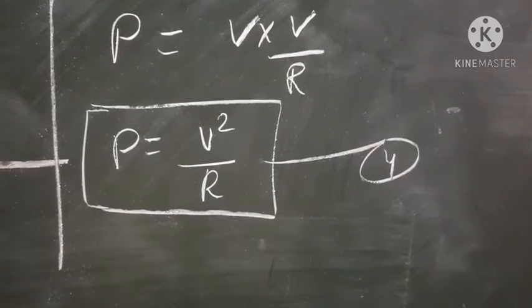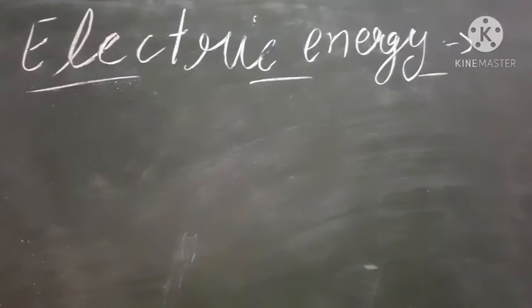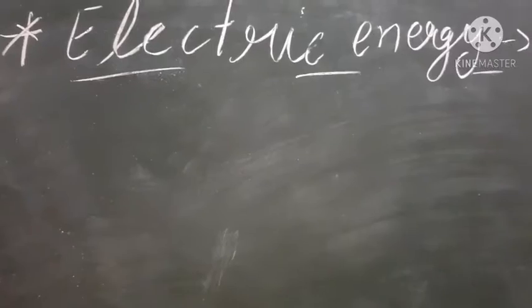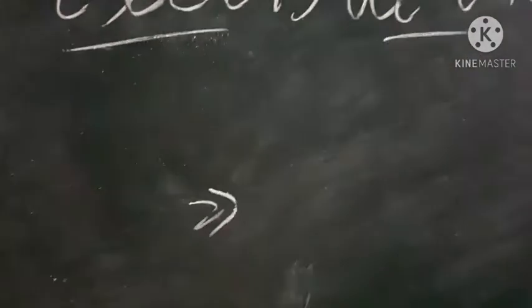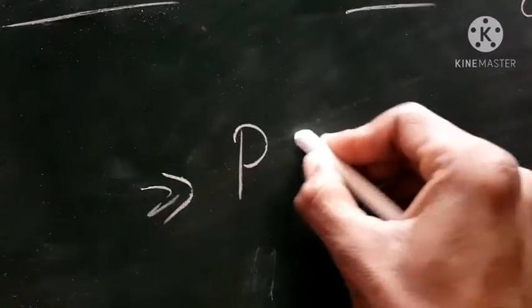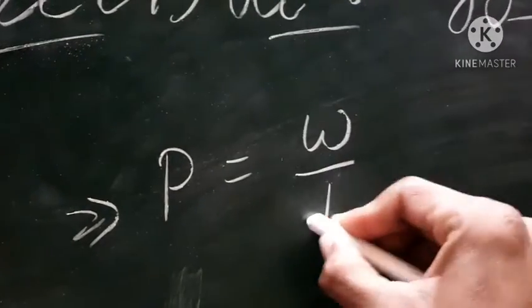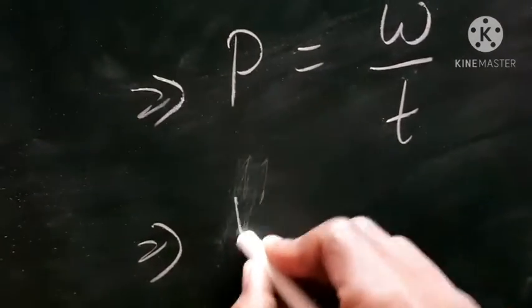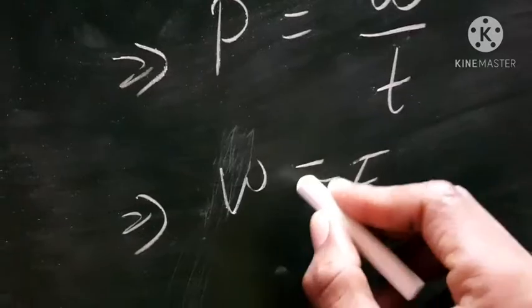So let's see what is electric energy. Electric energy is basically the product of power and time. So how is that? Let's see once again about power. As we know, power is equal to work done upon time, and as we know from the 9th class, work done is equal to energy.